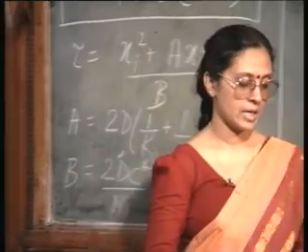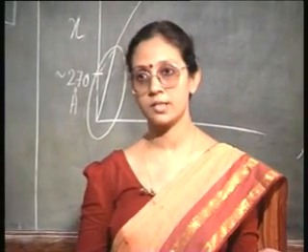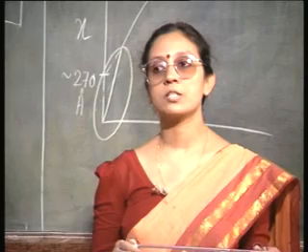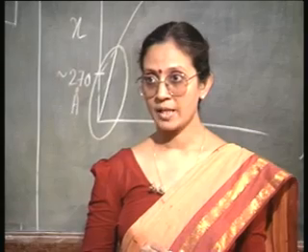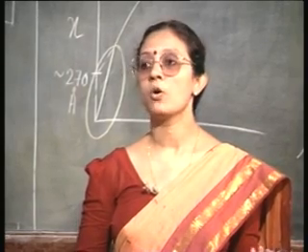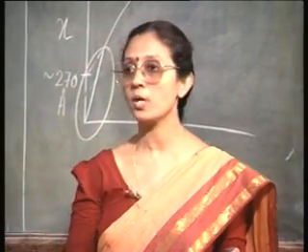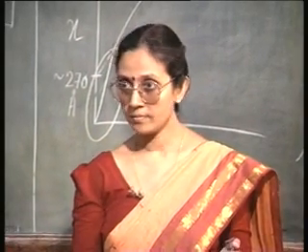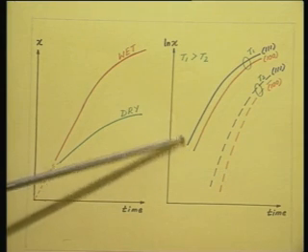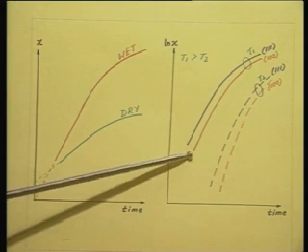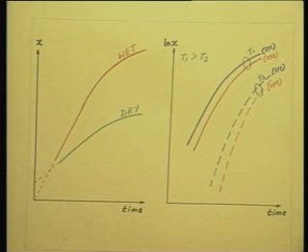Therefore, particularly in the linear regime for smaller oxidation time, where the oxidation depends mostly on the reaction rate, 111 will oxidize faster because there are more silicon atoms waiting to be oxidized. This is what we see. For smaller time, you see the two curves are widely separated, here as well as here. The two curves are widely separated.